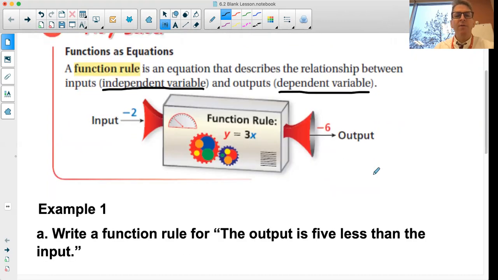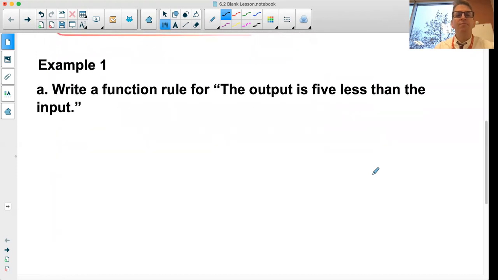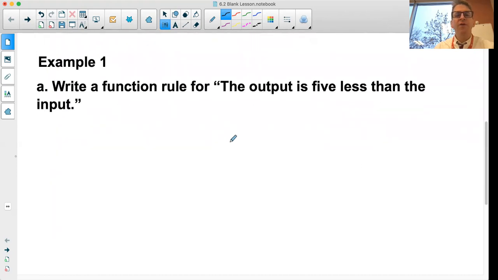Let's take a look at example 1. Write a function rule for the output is 5 less than the input. Okay, so if you look at the words here, the output is 5 less than the input. So you need to write an equation, a function rule that describes this.